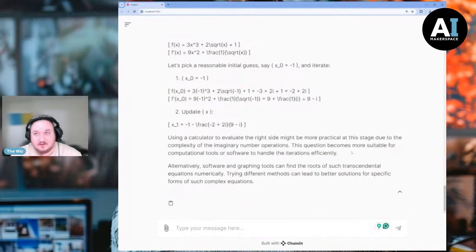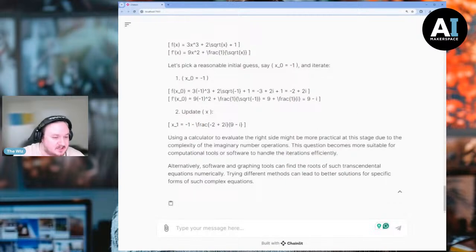Now, this is not meant to solve these kinds of equations, obviously. And if you plug this into Wolfram Alpha, you'll find that it's on the right track, even though it can't do the actual computation. Now, maybe if we gave it access to a code interpreter as well, or another tool, it'd be able to do that.